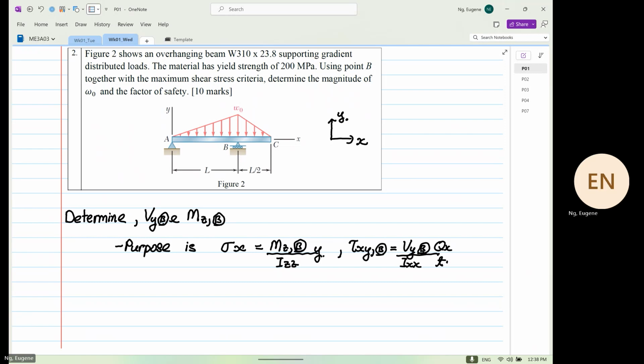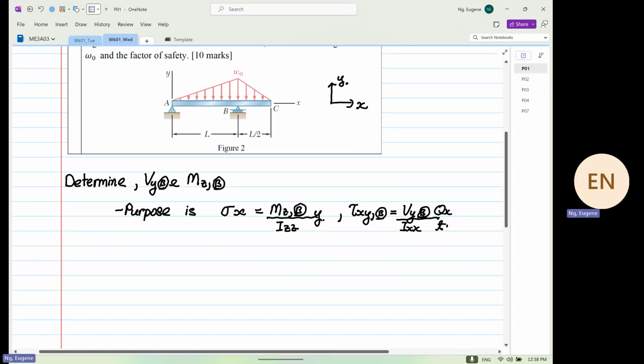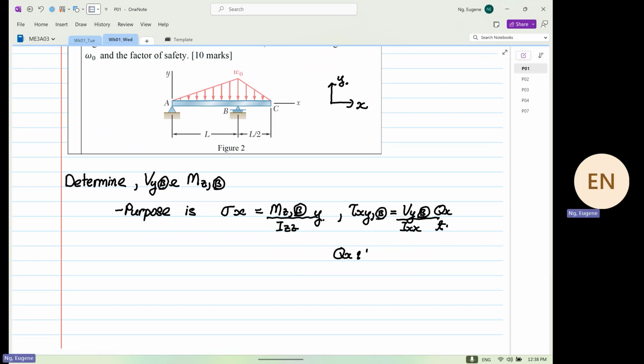The only thing that you may not be sure of is Qx, which is the first moment of area about the x-axis. That is the purpose.